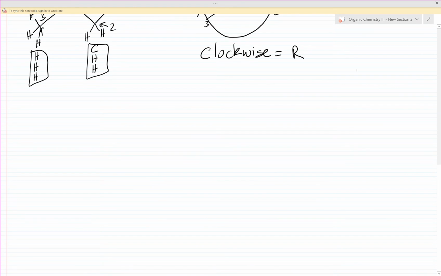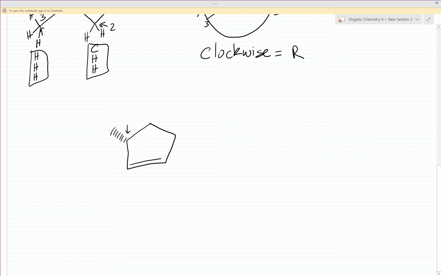Let's try a different molecule. This molecule has 1 chiral center, located here.